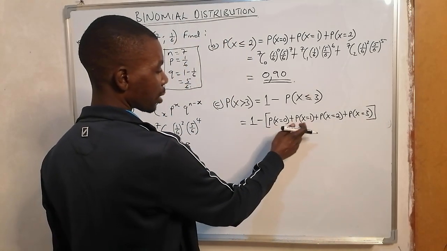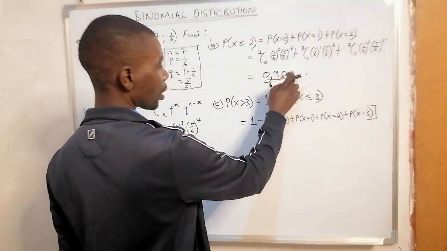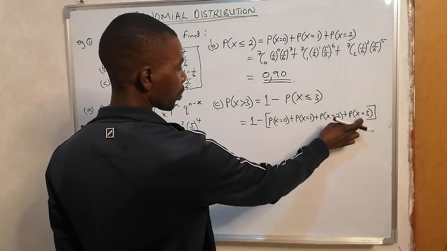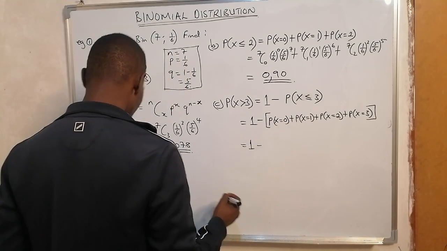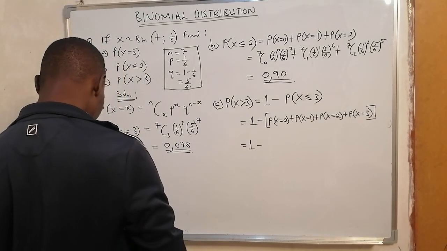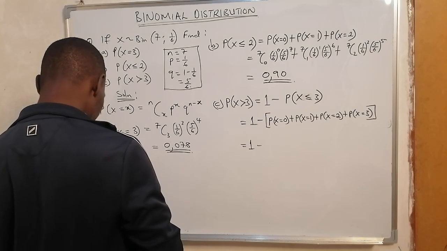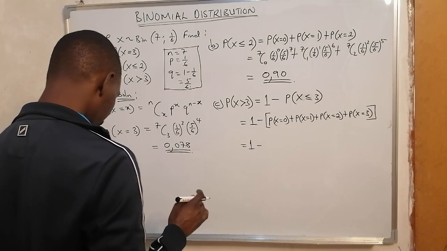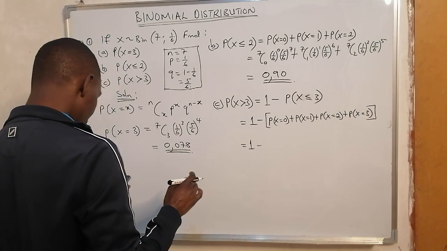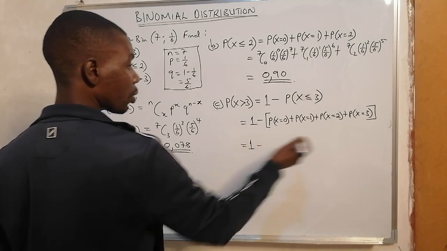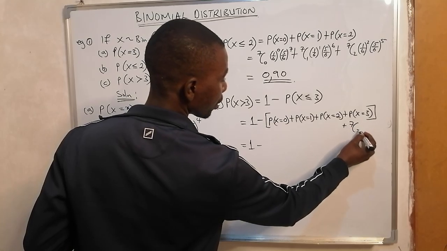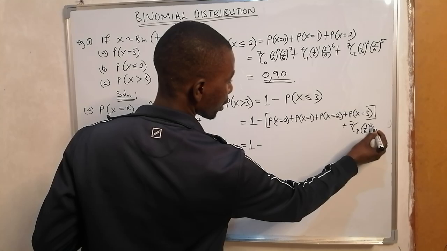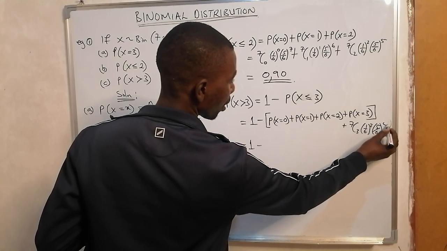Remember, P of x equals 1 plus 2, 0 plus 1 plus 2, you have already got 0.90. So you simply find P of x equals 3. So that will be 1 minus, if we substitute in our formula, we simply find 7 choose 3 times 1 over 6 to the power 3, 5 over 6 to the power 4.